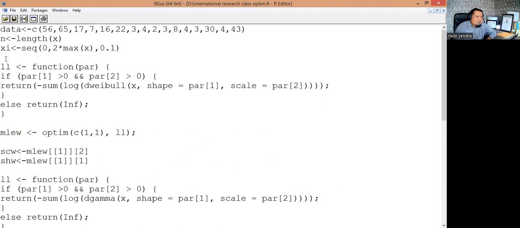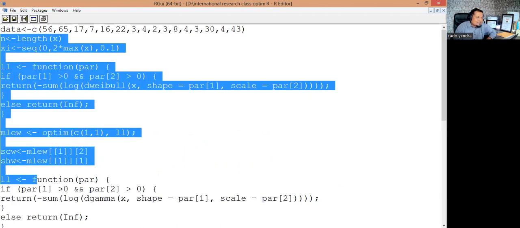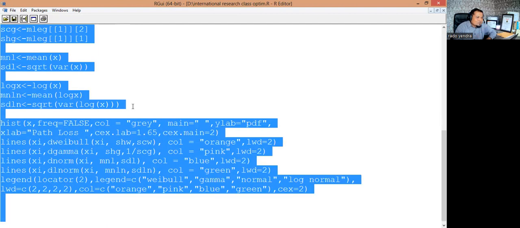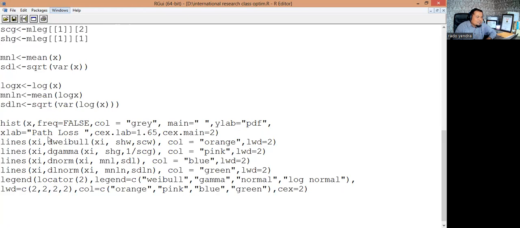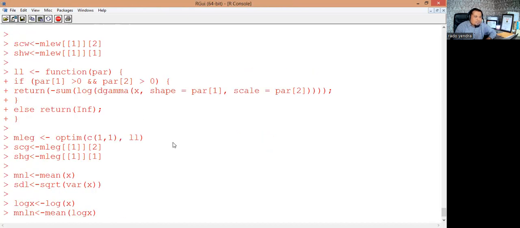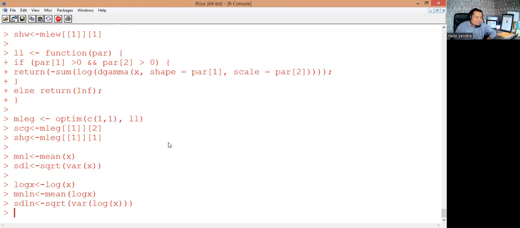We run our program, starting from here, and come to the console. So the whole program runs successfully. If we want to know the parameters for the Weibull distribution, we just type MLEW.